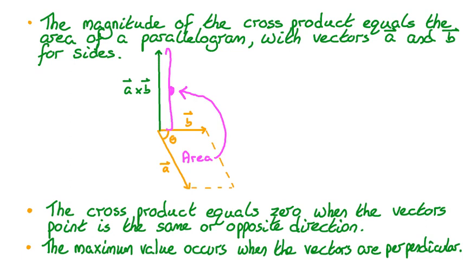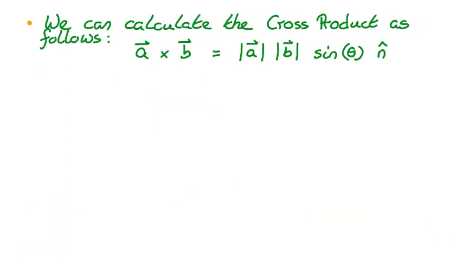Let's now look at how we can use this information to calculate the cross product. We can calculate the cross product as follows. A cross B is equal to the magnitude of vector A multiplied by the magnitude of vector B multiplied by sine of angle theta multiplied by the unit vector n.